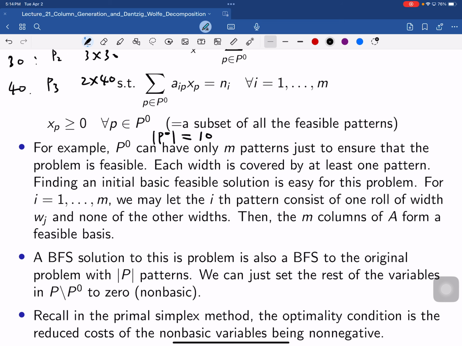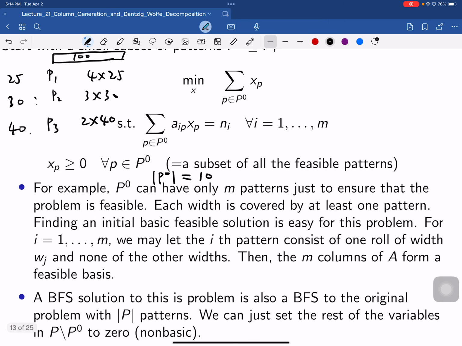By solving this problem, you will definitely get a basic feasible solution to the original problem. You can just treat all the patterns you haven't added as non-basic variables. They may not be optimal to the original problem, but by solving this problem, you will get a basic feasible solution for sure. So think about it as doing some sort of simplex method.